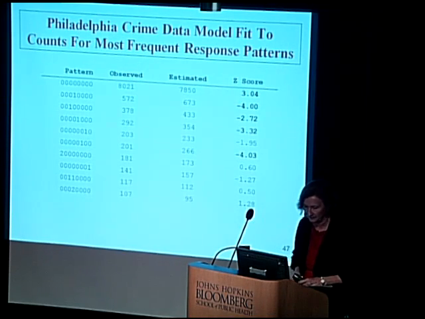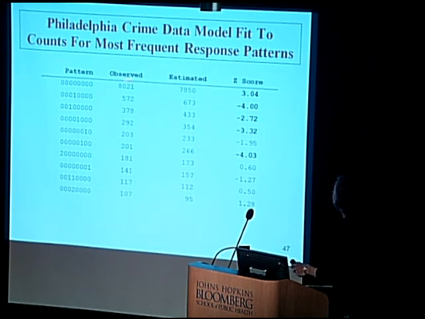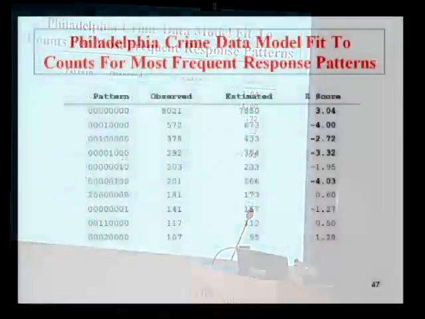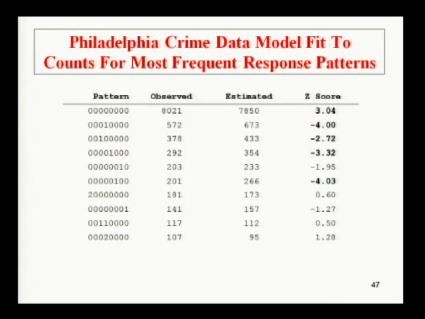You have 2s. And if you look at this, you'll see that for somebody who didn't have any crimes at all, the observed number in the data is 8,021, while the estimated is 7,850. So you can see that we've underestimated here. You can see that's significant.